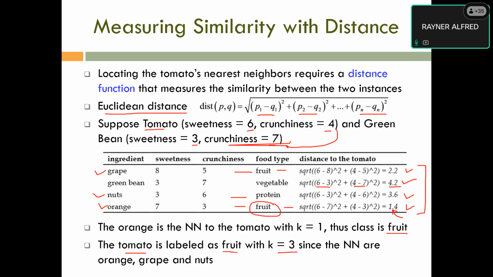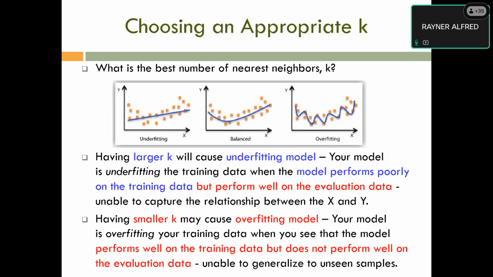Okay. So you can do a lot of experiments to show which k is the best one, which k gives you the highest accuracy. So this is how we assign a label to the tomato based on the nearest neighbors that we have. Okay, but choosing k is a very critical issue, because when you choose a larger k, that means you need to fulfill more requirements.